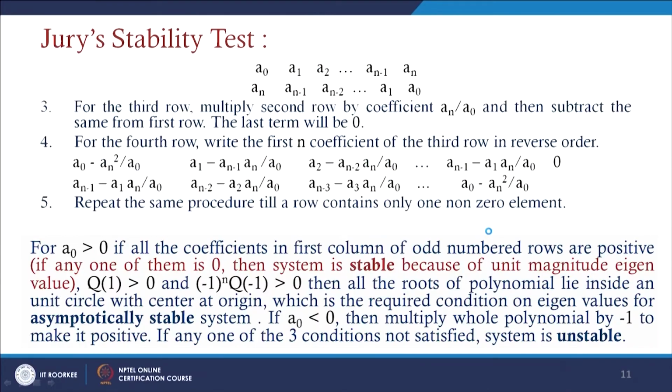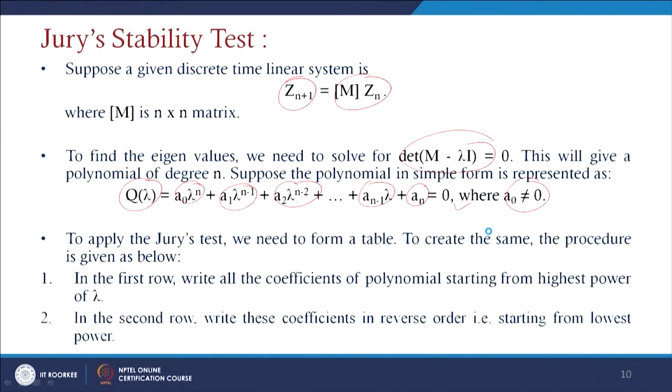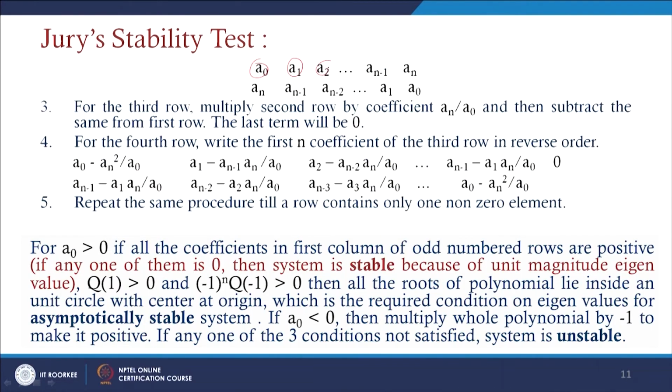The coefficients of this polynomial start as a0, a1, a2 up to an. If you start writing in reverse form, then an is first, then an minus 1, then an minus 2, then finally you can find a1 in this position and a0 goes to the last position there.